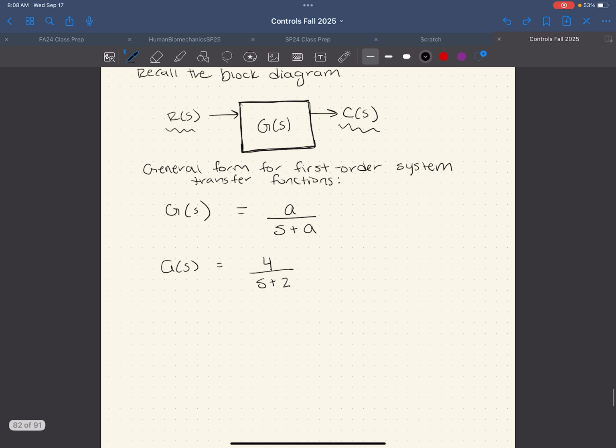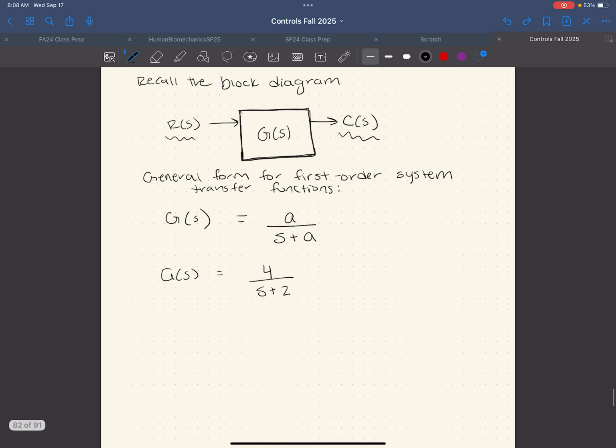If you think back to last lecture, we went through a little bit of a song and dance to try to figure out if we could get this to look more like this. And so what we said is we could write this in its equivalent form of 2 times 2 over S plus 2. And this obviously is the same thing as what's over here.